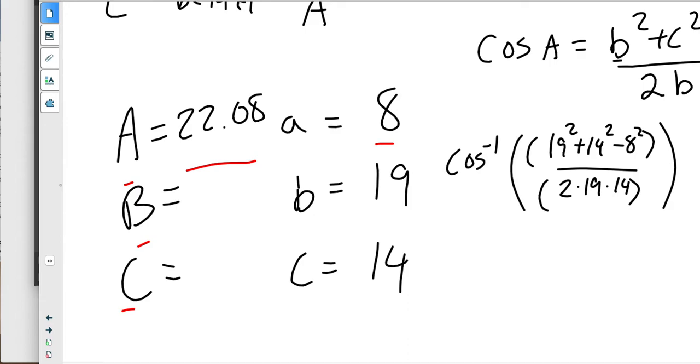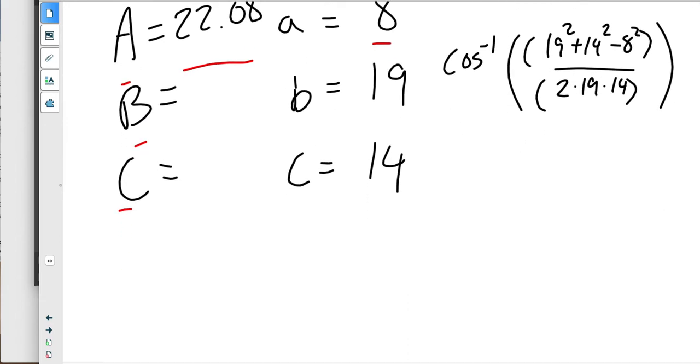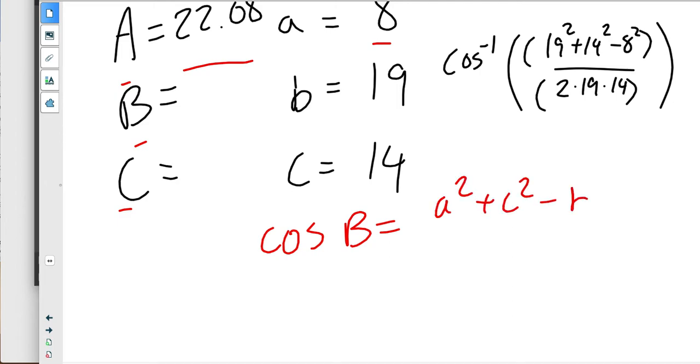All right, now we can solve for angle B. So cosine of B is going to be a squared plus c squared minus b squared divided by 2ac.